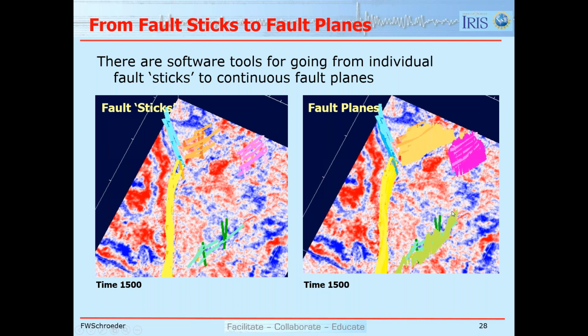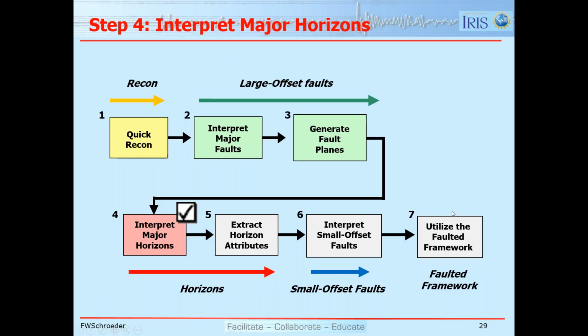And what they use is coherency data in order to do something more sophisticated than a simple linear interpolation. So that gives us our large offset faults.